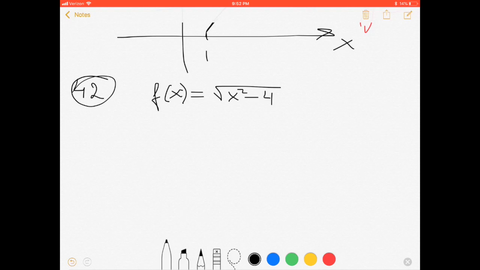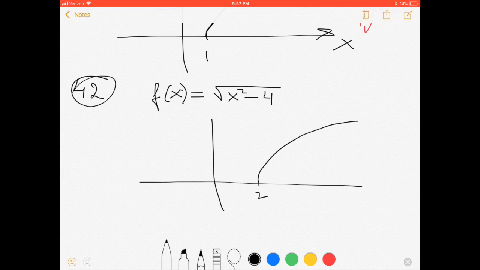If you try graphing this function, for x greater than 2 you have something like this. For x lower than -2 you have something symmetric.